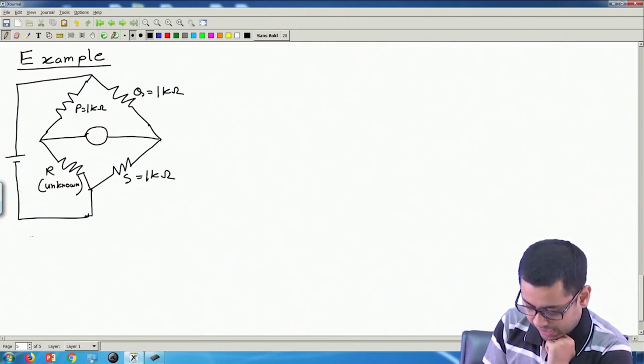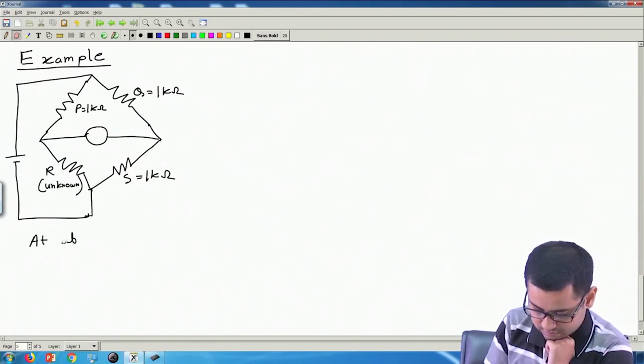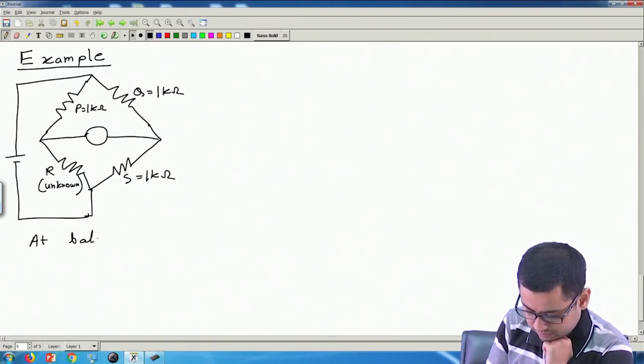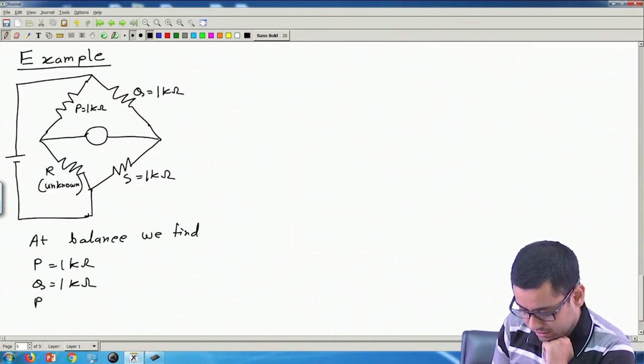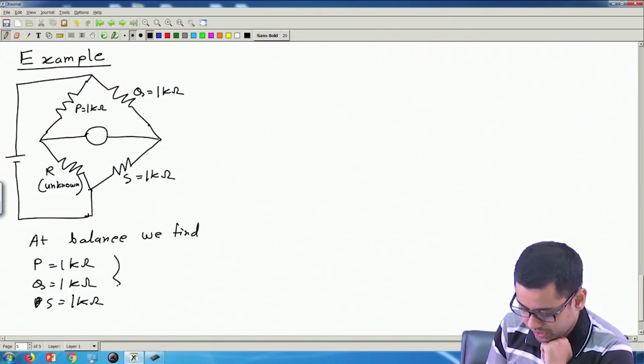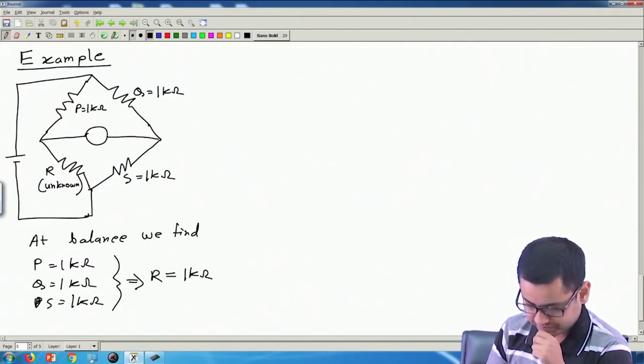So, at balance we find P equals 1 K, Q equals 1 K, S equals 1 K. This will imply that R, which is unknown, is 1 multiplied by 1 divided by 1, which is 1 kilo ohm. So, this is very simple.